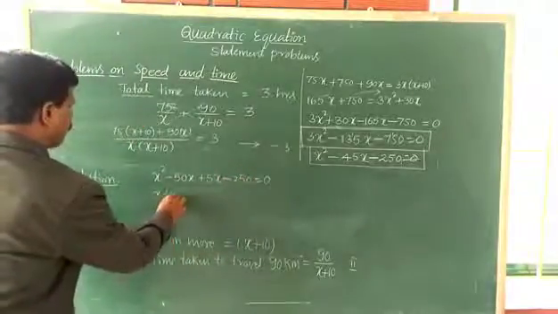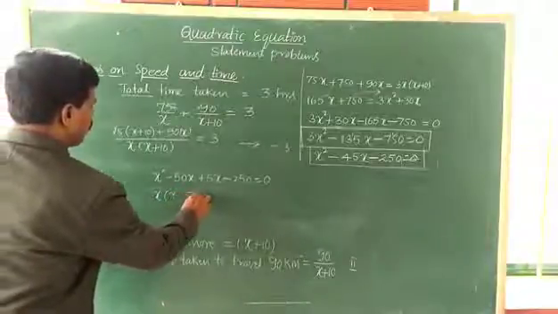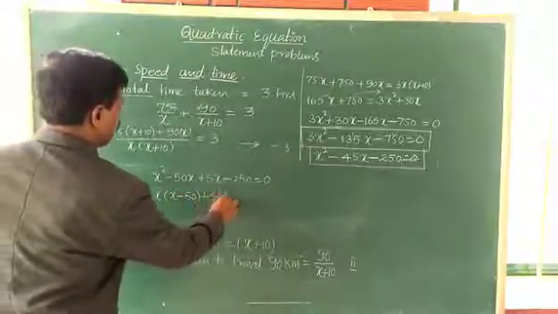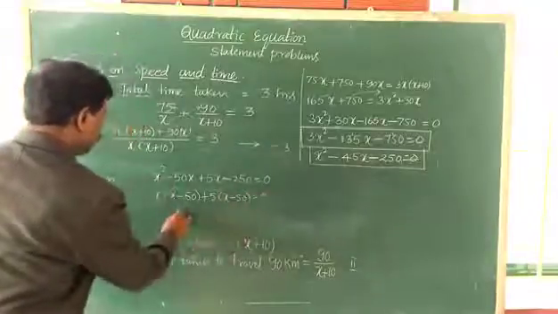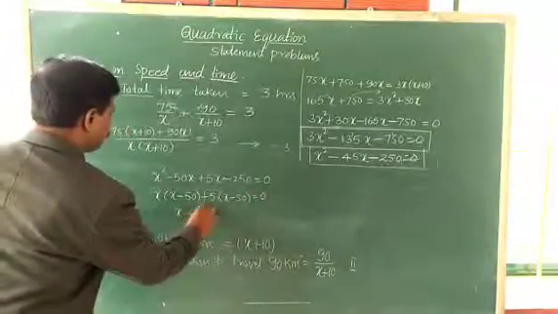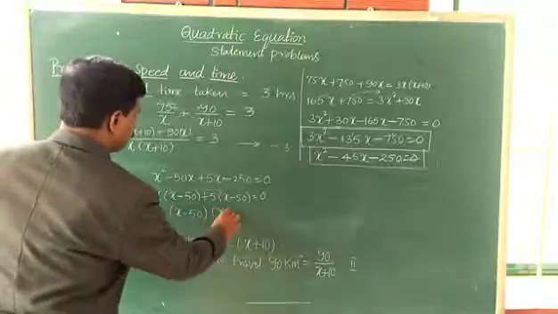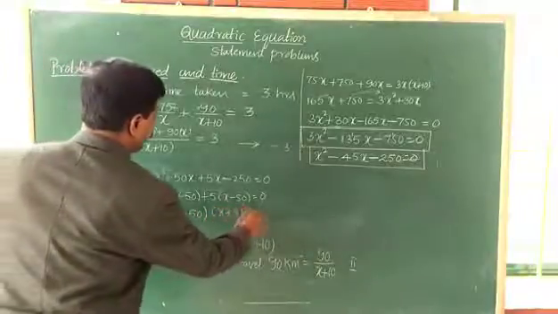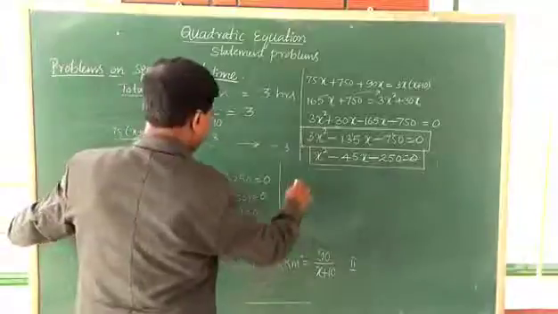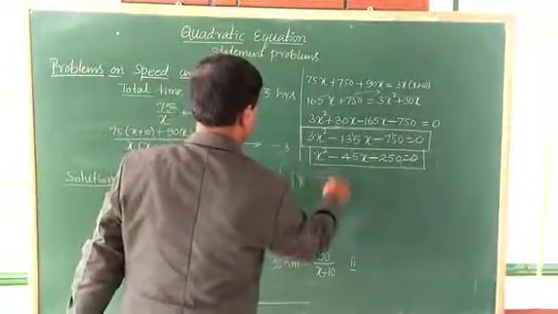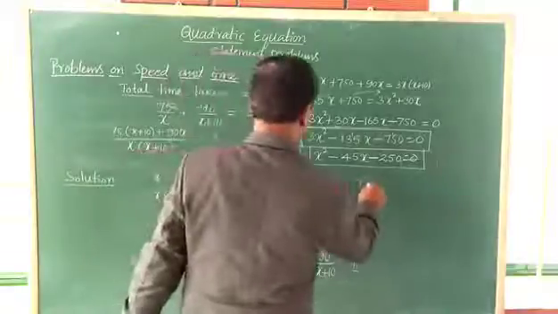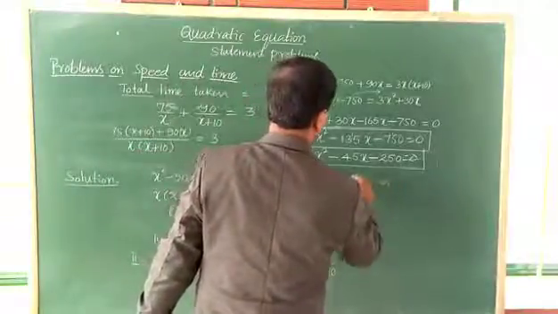Now x comma x minus 50 plus 5 comma x minus 50 equals 0. So x minus 50 into x plus 5 equals 0. So the two roots are x is equal to 50 and x is equal to minus 5.